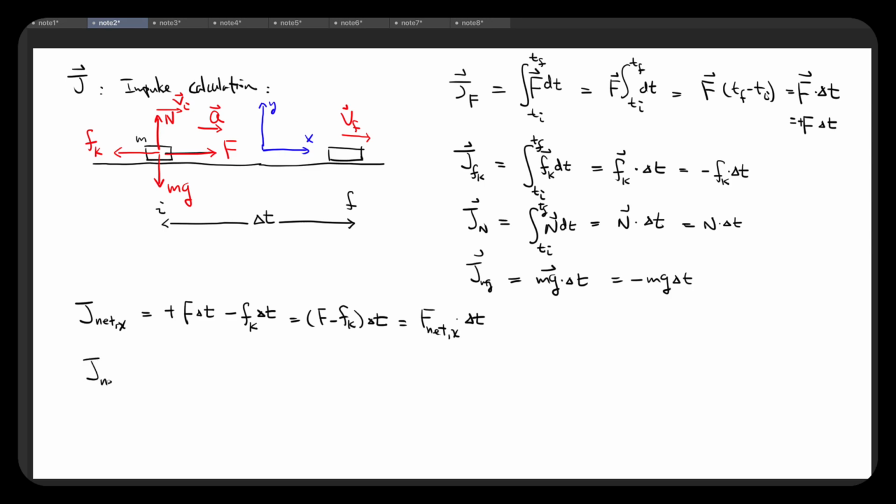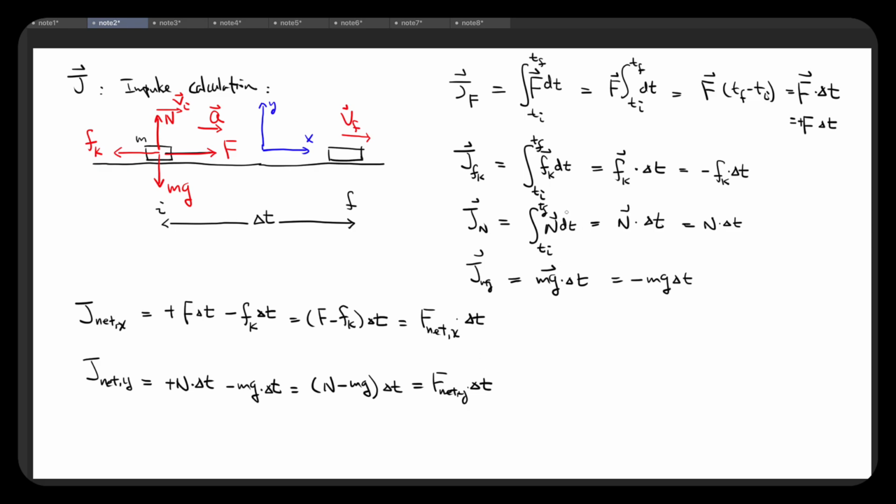Similarly, the net impulse in the y direction is given by the positive normal force, negative gravity, times delta t, and we have the net force in the vertical direction times delta t.